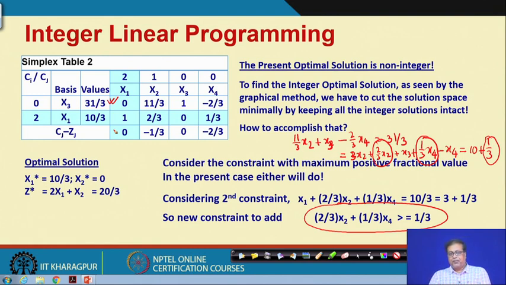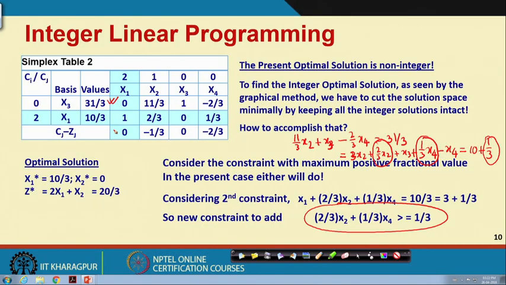Point to remember: whenever we have a tie like this in the positive fractional value, it does not mean that consideration of both will give the same constraint to add; it may not, it will depend on case to case. It is incidental that we have got the same constraint line from both the constraints. In another problem another thing may happen, is it all right?